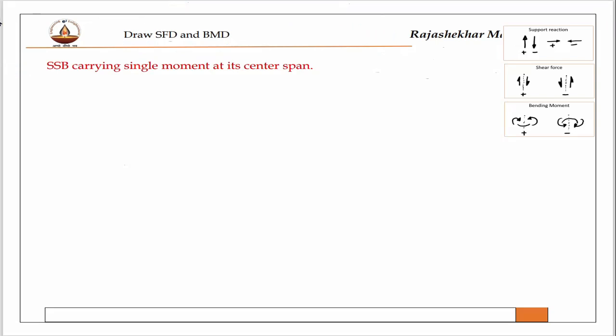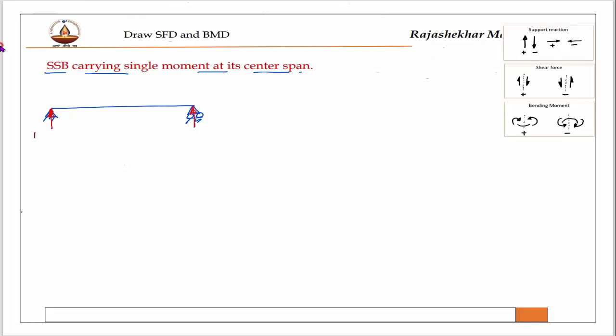The first one here is a simply supported beam carrying a single moment at its center span. Let us consider a simply supported beam. Simply supported beam means one side hinge and the other side roller. Here I will consider the free body diagram. There will be one force here and another force here.